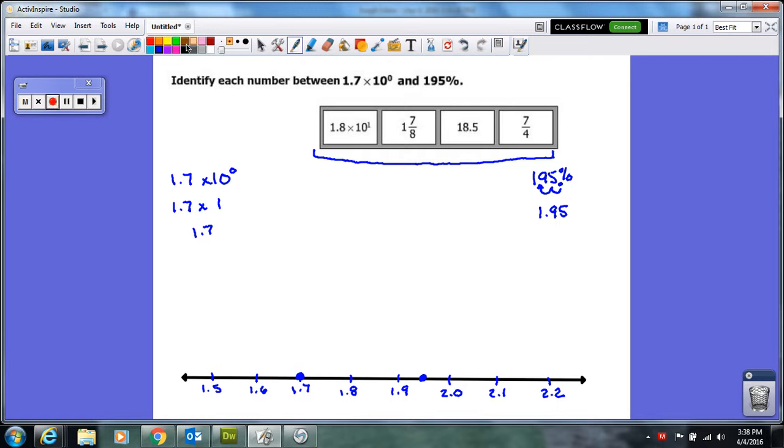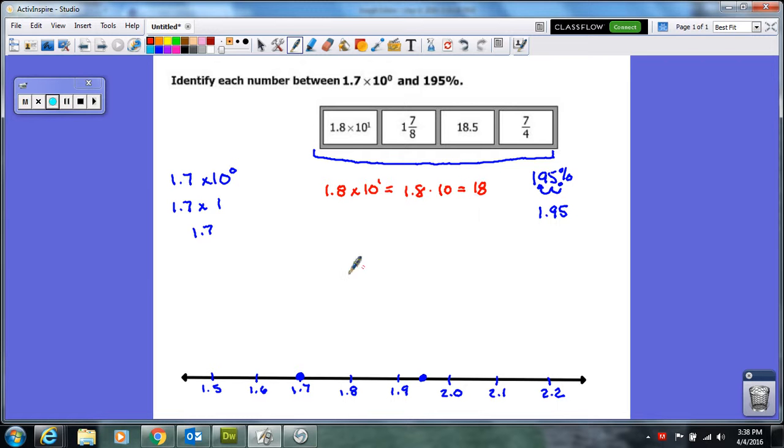So let's begin with 1.8 times 10 to the first power. Well, 10 to the first power is the same as 10. So literally we're multiplying 1.8 times 10. And if I use my calculator, I know 1.8 times 10 is the same thing as 18.